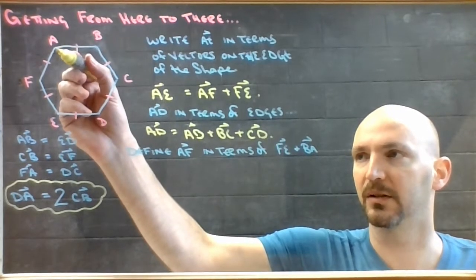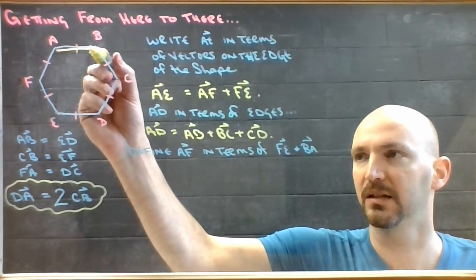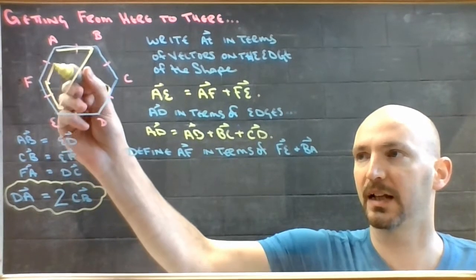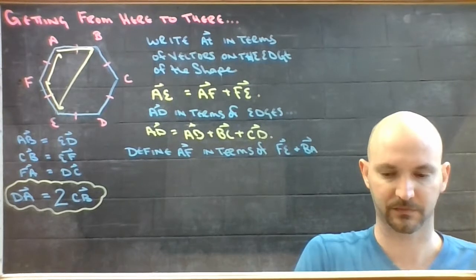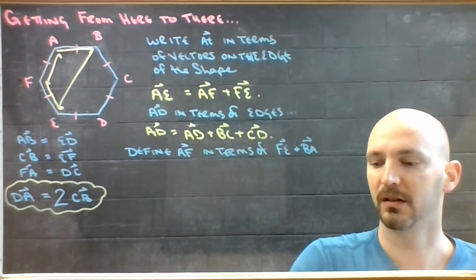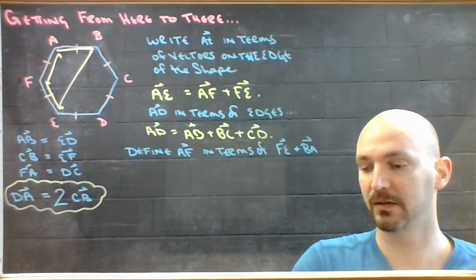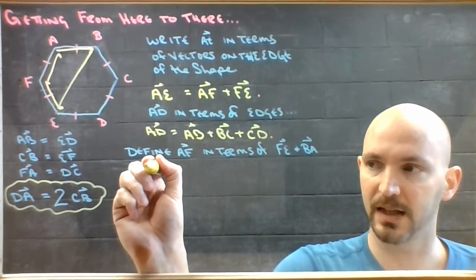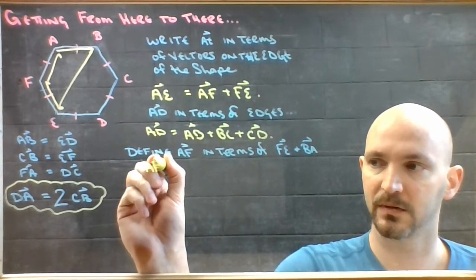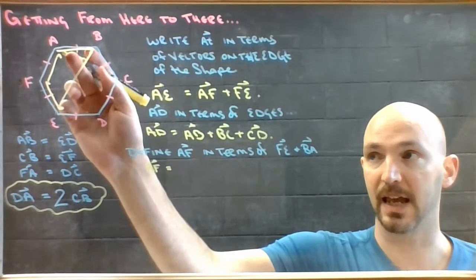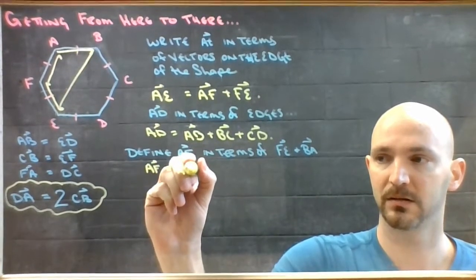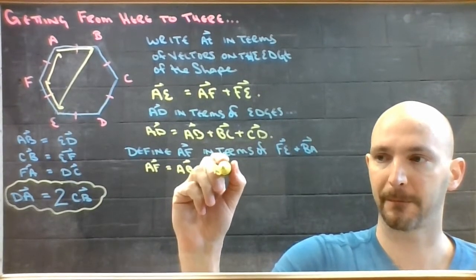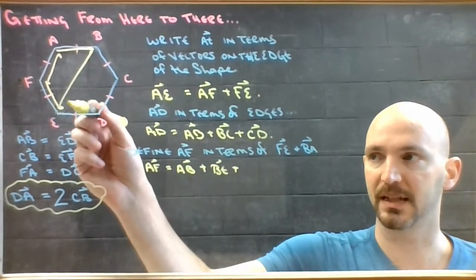So I'm going to go from A to B, B to E, E to F, and F to A. So if I write that out, this vector I'm trying to define, A to F, is the same as A to B plus B to E plus E to F.